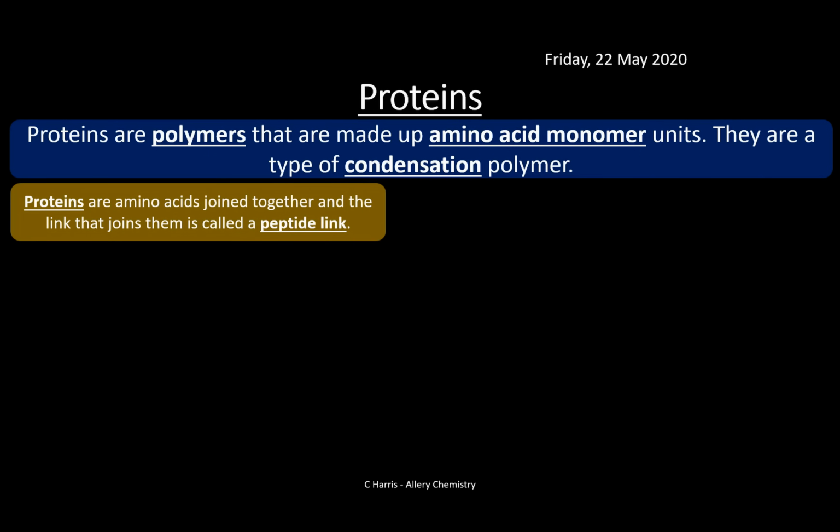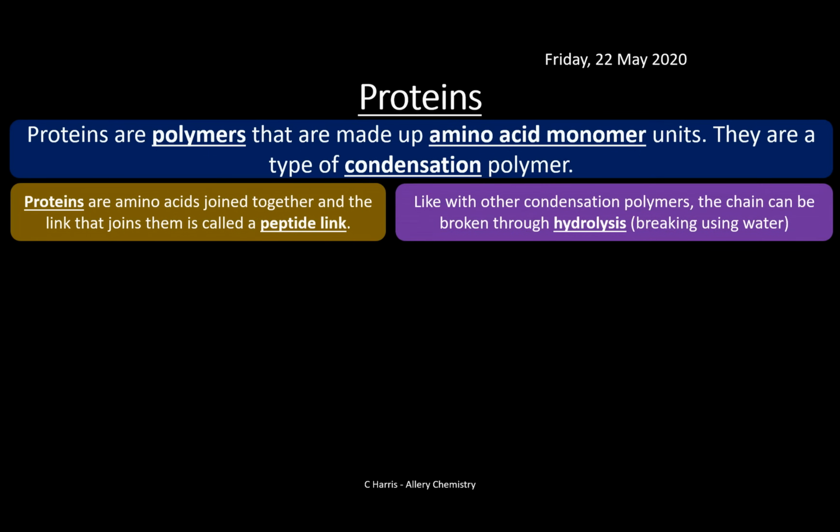Okay, so like I say, if you've seen the other video on polymers, then you'll be familiar with this. But like with other condensation polymers, the chain can be broken through hydrolysis. And remember, that's breaking using water: hydro meaning water, lysis meaning to break.